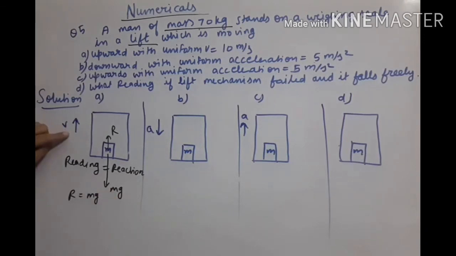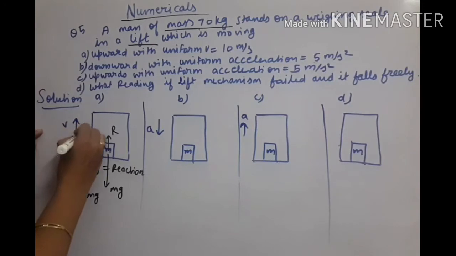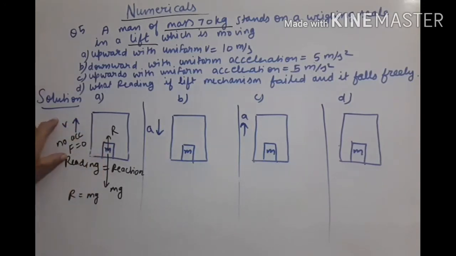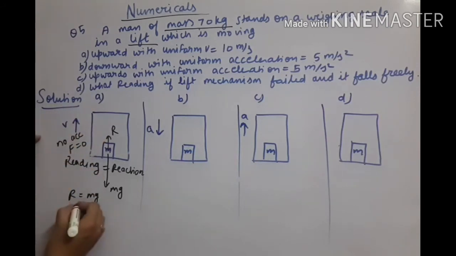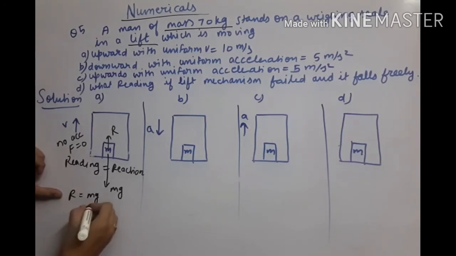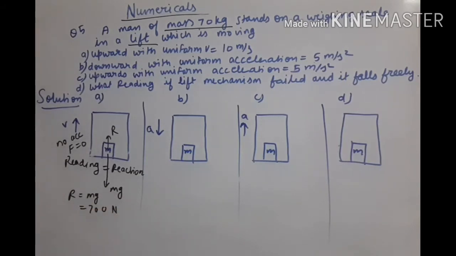Because the lift is moving with uniform velocity, that means no acceleration. If there is no acceleration, no extra force is there. So R is simply equal to mg. So the reading of the weighing machine is: m is 70, g is 10, so the answer is 700 Newton.